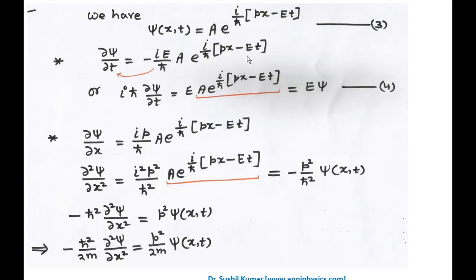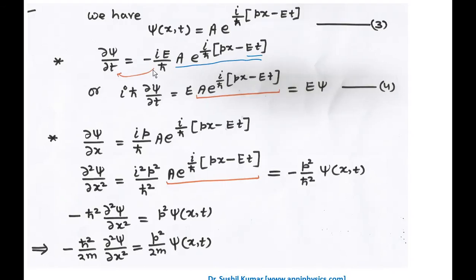You are differentiating it with respect to time, so this minus iE upon h cross comes out, and the rest of the part will remain the same. So this is your psi, which you defined here. So d psi upon dt is equal to minus i E upon h cross psi.